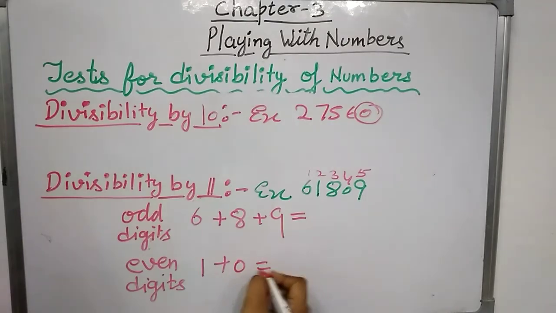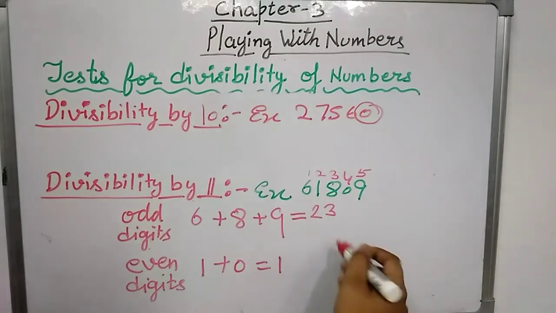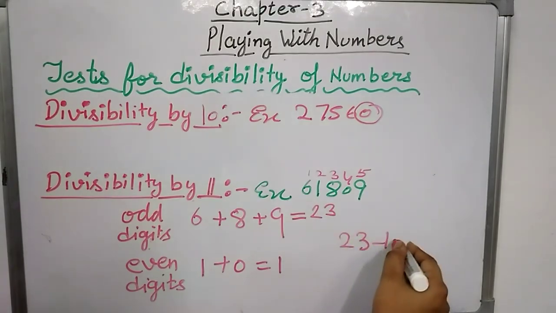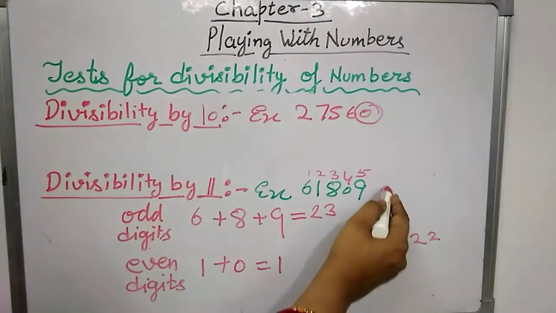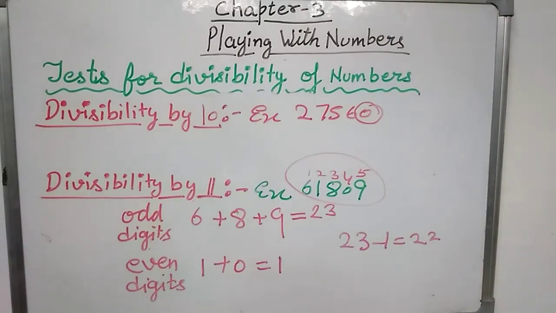Now what is the sum? The sum of 1 plus 0 is 1, and sum of 9 plus 6 plus 8 is 23. Now we will calculate difference of these two sum. So 23 minus 1 is equal to 22, and 22 is divisible by 11. Hence this number is divisible by 11.